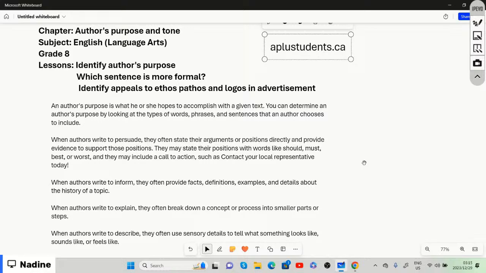When they write to explain, they often break down a concept or process into smaller parts or smaller steps.